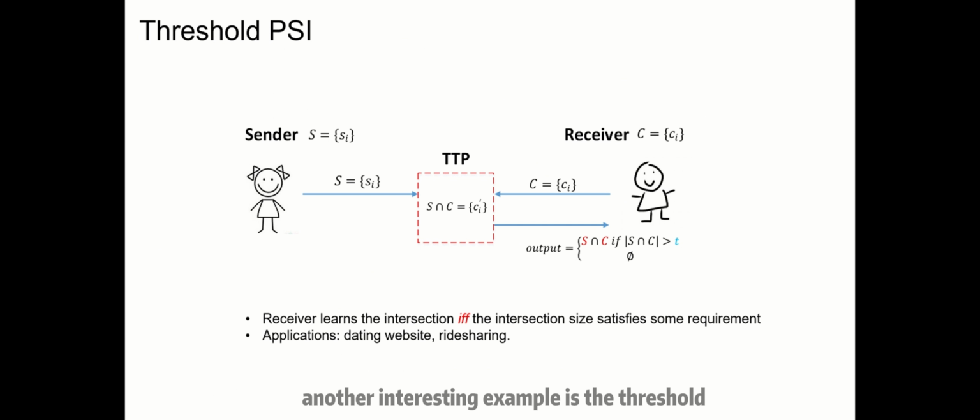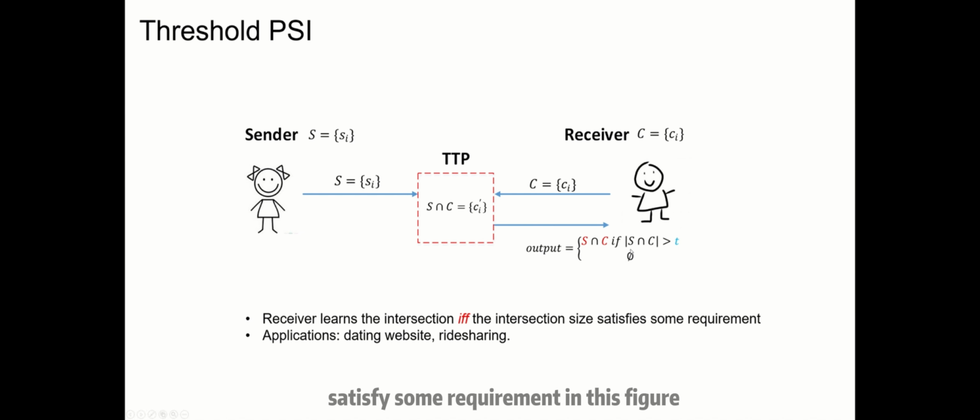Another interesting example is the threshold private set intersection problem. So in the PSI problem, we have Alice and Bob, and Alice has a set called S, and then Bob has his own private set C. Now, the computational target is to compute the intersection of the set S and the set C, if and only if the intersection size satisfies some requirement.